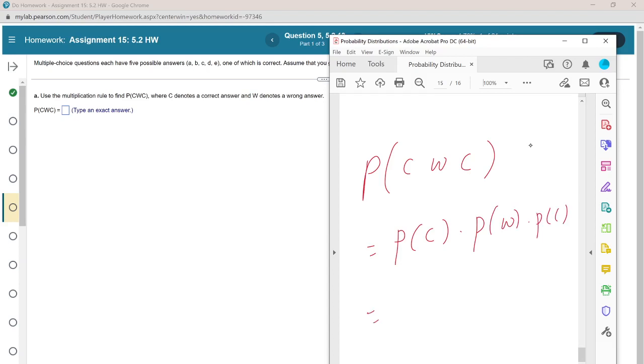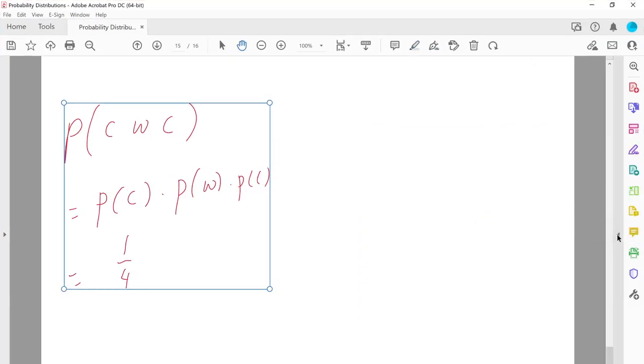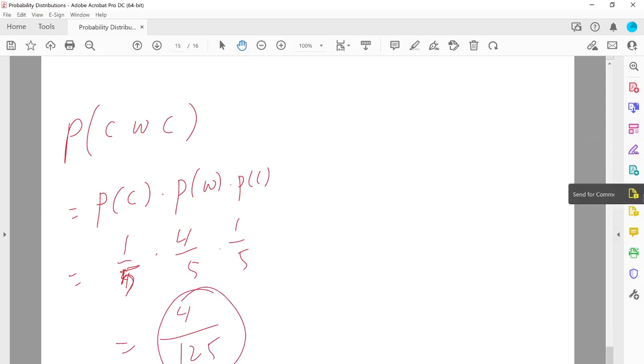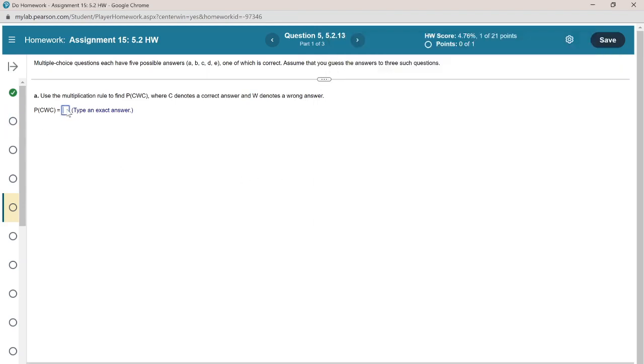We know that the probability of correct is 1/5 because there are 5 choices. The probability of getting wrong is 4/5, and the probability of getting correct is 1/5. If you multiply, on the top it's 4, on the bottom 5 times 5 times 5 is 125. So the probability of getting correct, wrong, and correct is 4 out of 125. That's the answer.